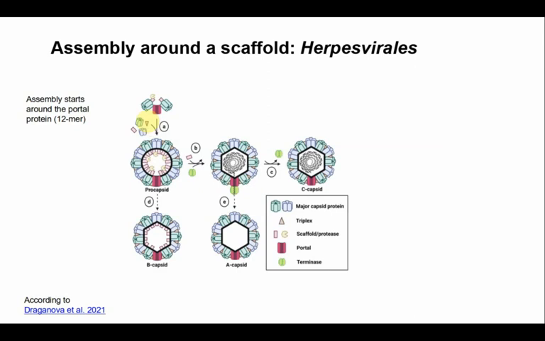So the capsid formation starts with the portal, and it's going to associate with the major capsid protein, the scaffold and a protease. In fact, the interactions that allow new subunits to be added are really catalyzed by this scaffold protein. If you don't have the scaffold protein, the whole thing doesn't assemble.